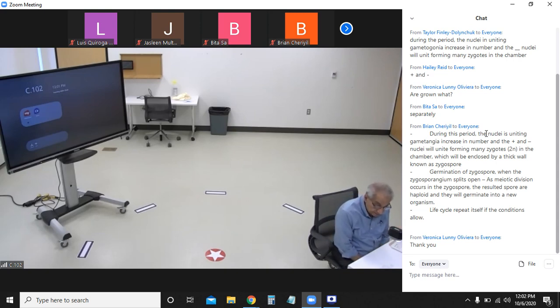Is that clear? So progamon is a kind of chemical secreted by the hyphae, known as trisporic acid. So basically, this is the sexual life cycle of Rhizopus.